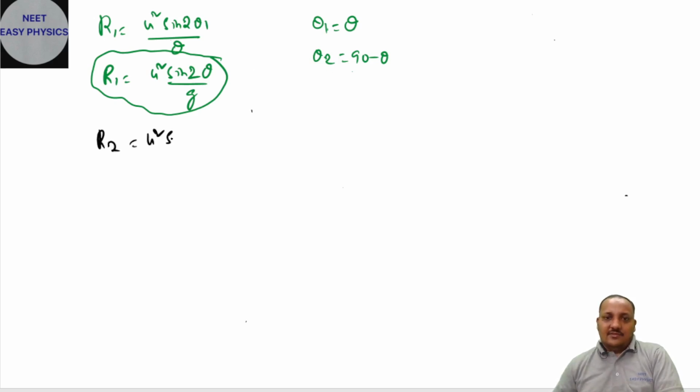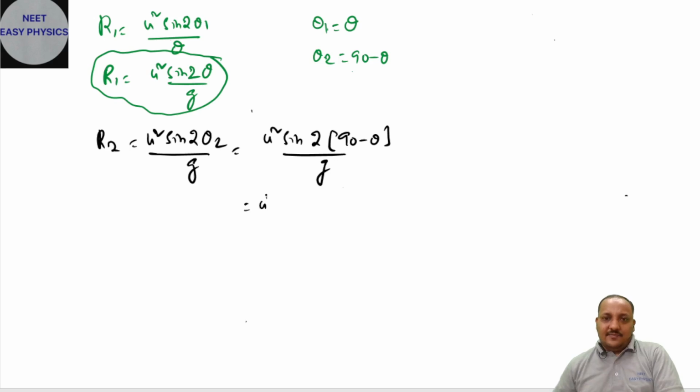R2 is equal to u square sine 2 theta 2 by g. u square sine 2, what is theta 2? 90 minus theta, by g. So u square sine (180 minus 2 theta) by g. What is sine (180 minus 2 theta)?